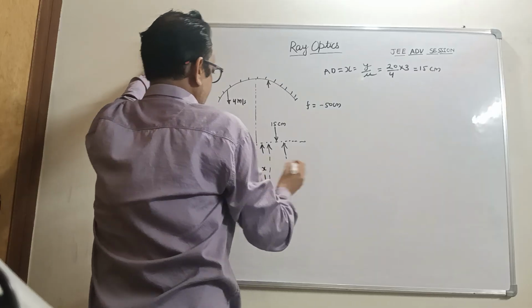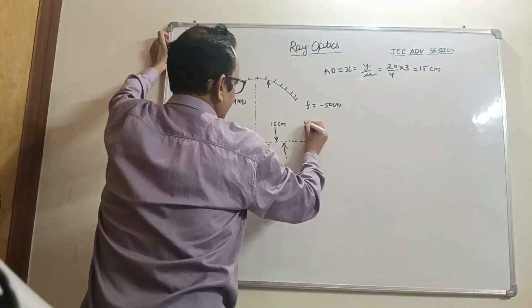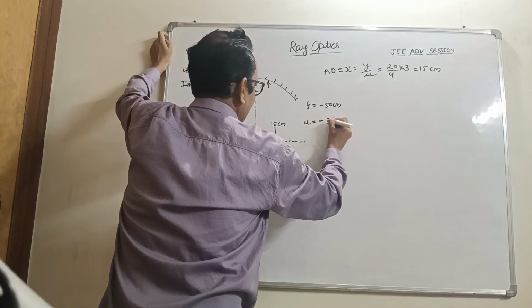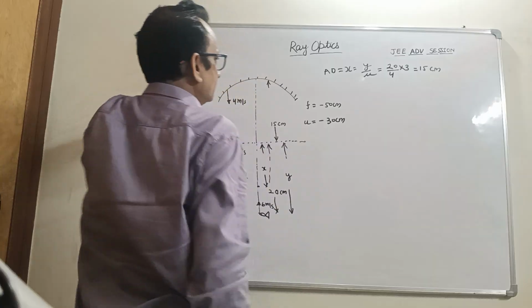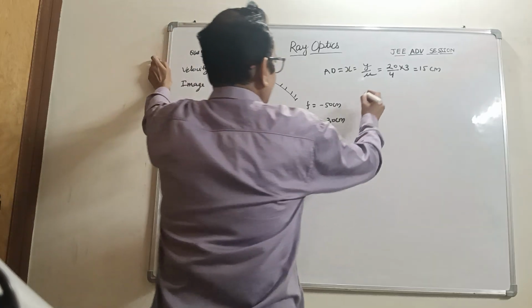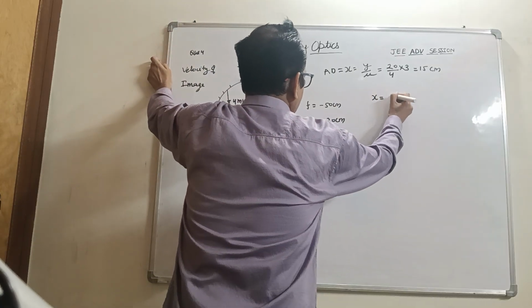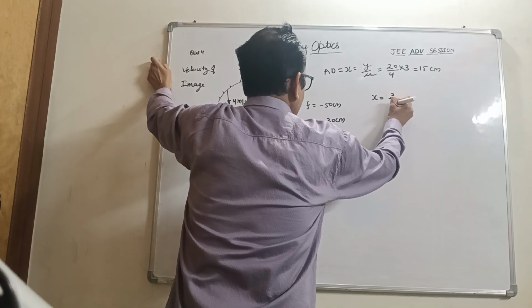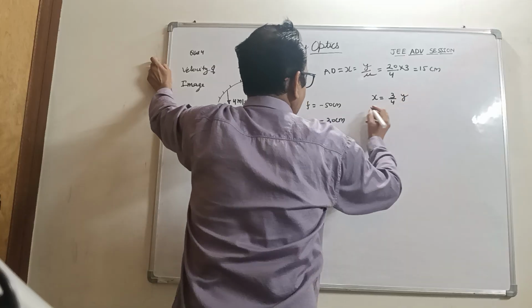So we find u would be 15 plus 15, that is 30 centimeter. This is u, and we can write here x is equal to 1 by mu into y, that is 3/4.